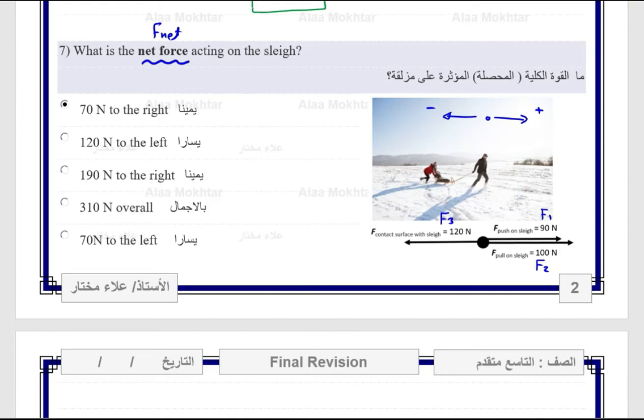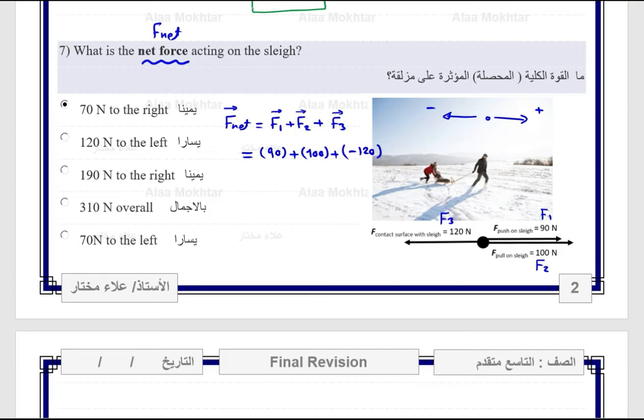So from this figure, F net equals F1 as a vector plus F2 as a vector plus F3 as a vector. This is F net. So F net equals F1 positive 90 plus F2 positive 100 plus F3 negative 120.